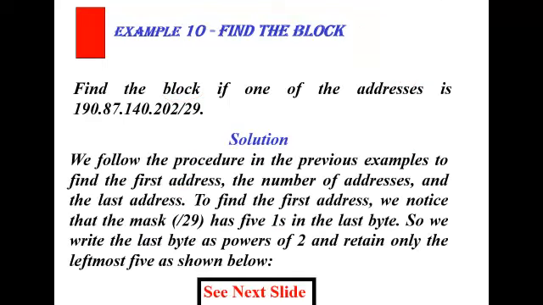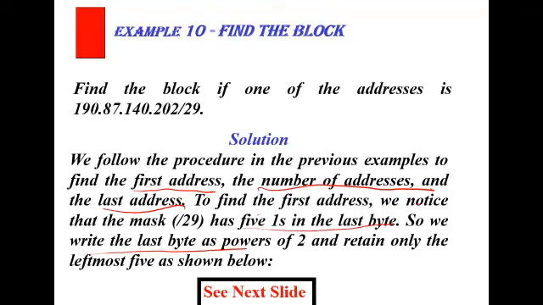So we follow the procedure in the previous examples that we have seen: find out the first address, the number of addresses, and the last address. To find out the first address, three methods were there. You can use any one to find out the first address. If you see, we notice that the mask 29 has 5 ones in the last byte, obviously.